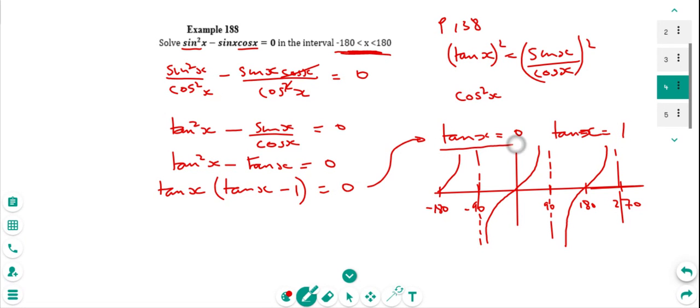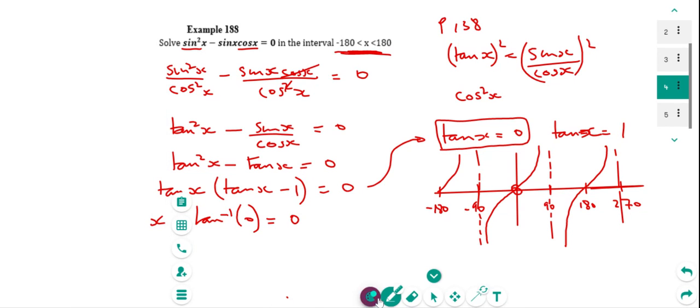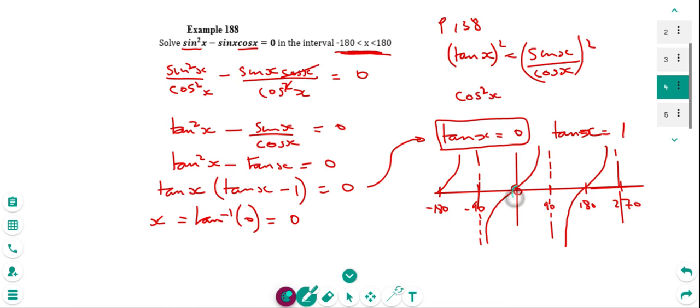First of all, looking at tan x equals 0, if we put it into our calculator, x is tan minus 1 of 0, and our calculator will give us the answer that's nearest to 0 degrees, so it gives us 0. So we've got this answer here.